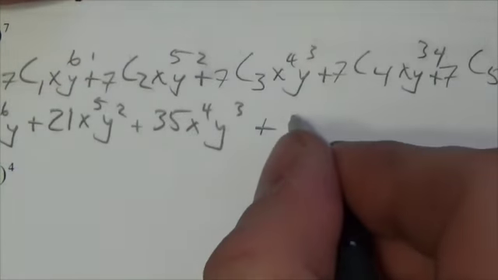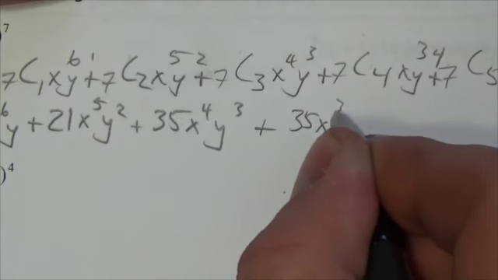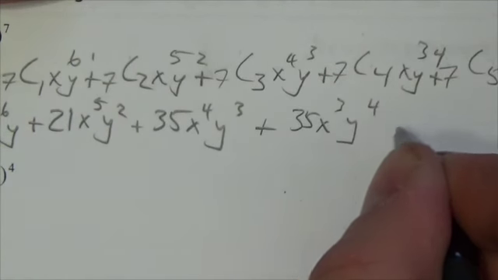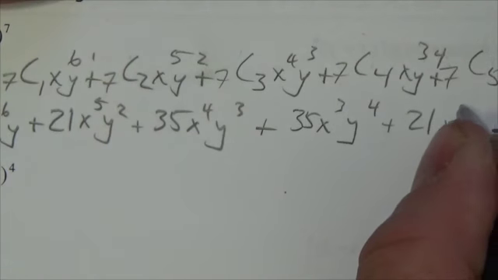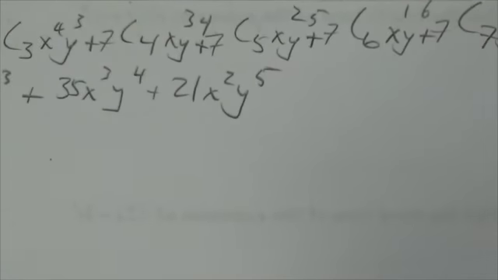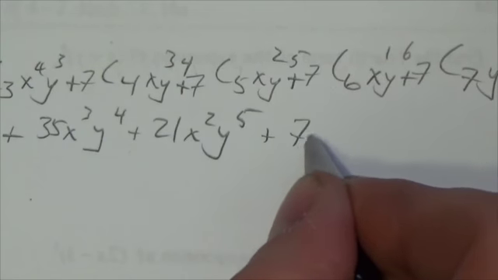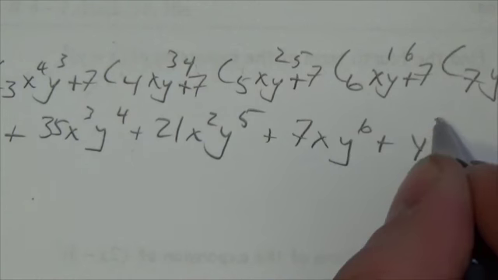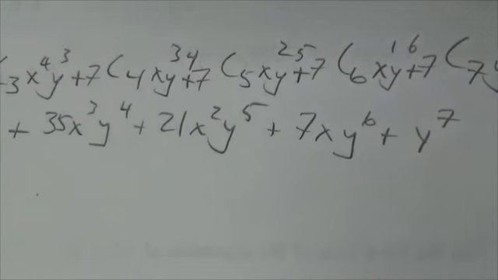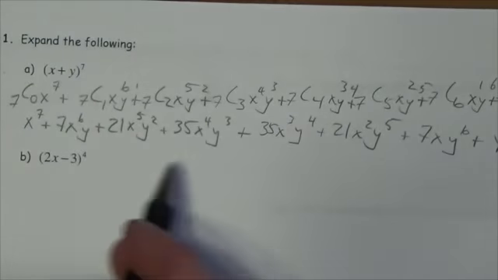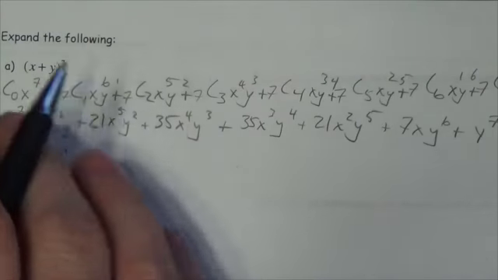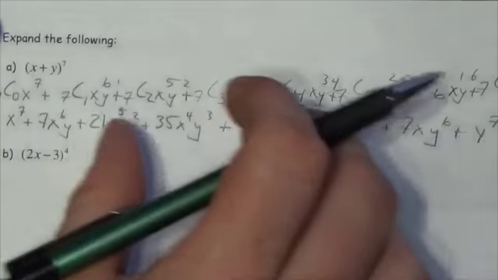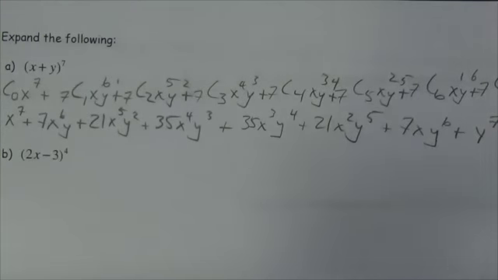I'm just going to check this again, yeah, 35 showed up twice there, so then we get 35 x cubed y to the 4th plus then 21 x squared y to the 5th plus 7 x y to the 6th plus 1 y to the 7th. Okay, we'll just zoom out a little bit here, and there we go. There's my expansion, and that's totally quicker than if I was to lay those all out and expand that by just distributing the multiplication.